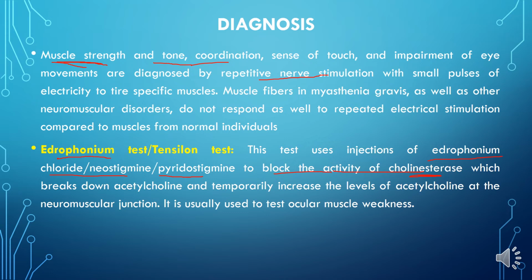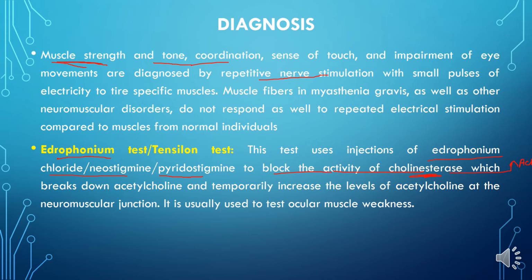So if we add edrophonium in our blood, it will block the cholinesterase activity. That will mean that there will be a high amount of acetylcholine in the neuromuscular junction.